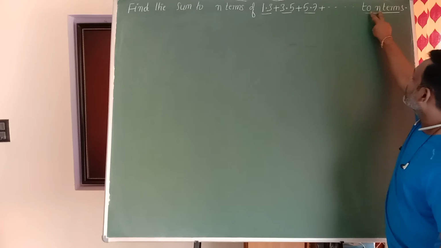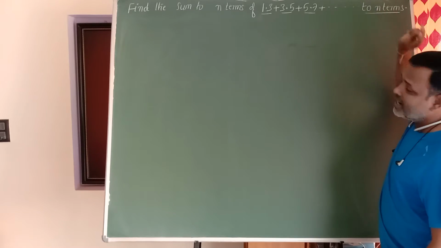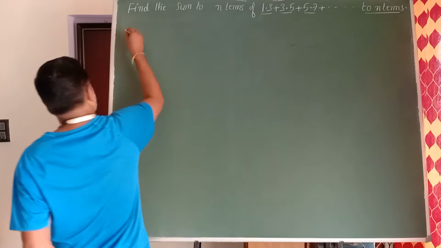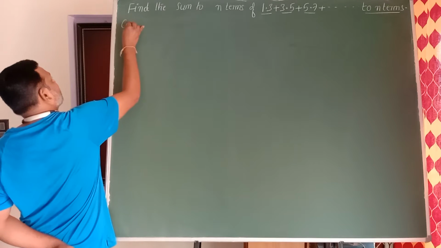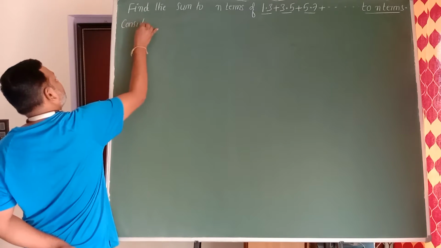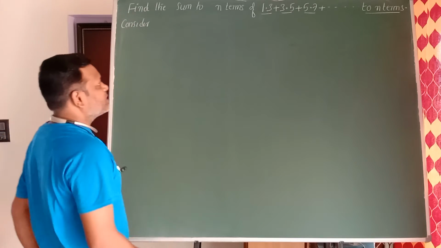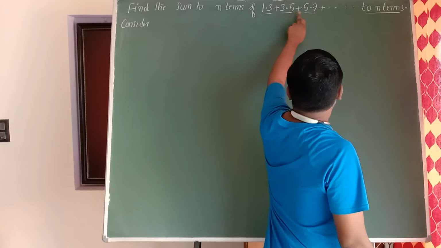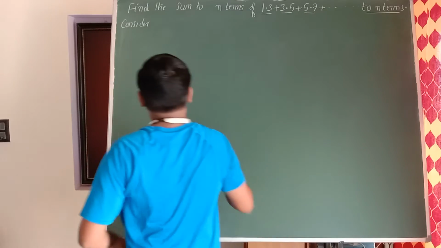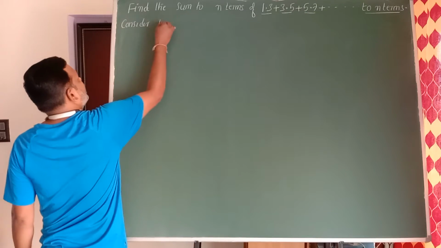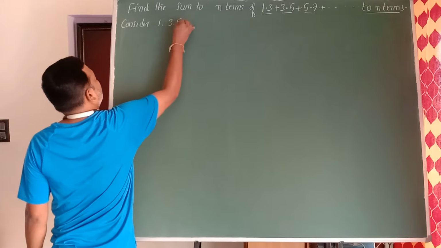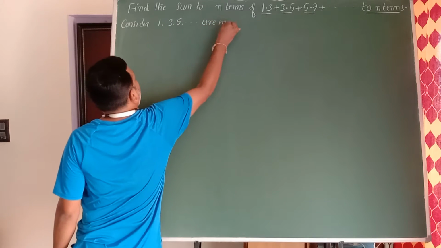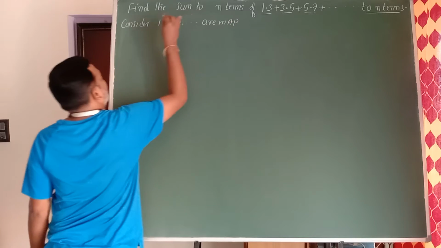That means here we have to find out the first term and second term. Look at me. First consider the first terms of the sequence. First terms are 1, 3, 5, and so on. They are in AP. We have to find its nth term.